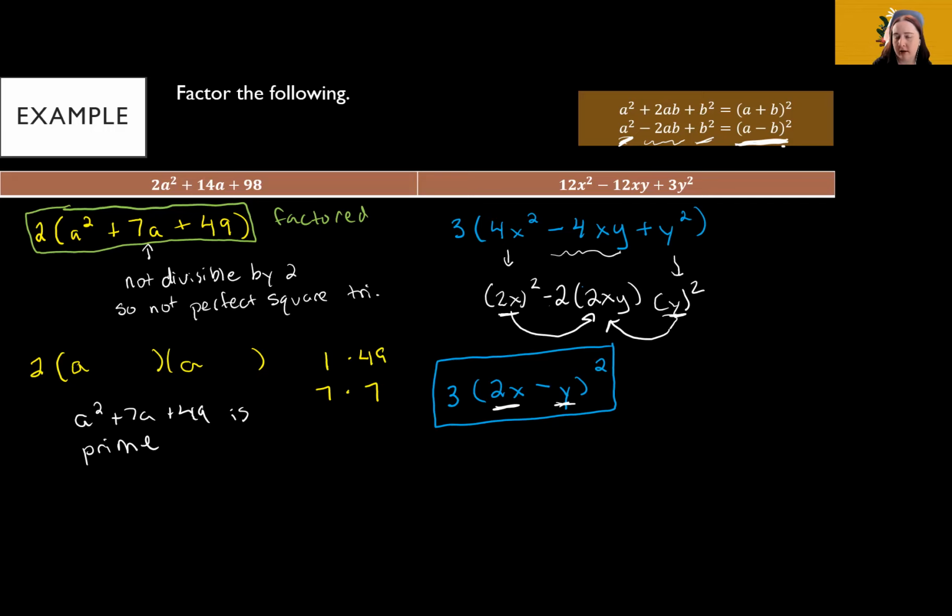The original thing is not prime because we factored out a 2. Okay. The part in parentheses is prime. We couldn't factor that part further, but the whole thing that we were asked to factor is not prime because we could factor out a 2. So if you put prime, that would be incorrect because you did factor something out. You factored out the 2.